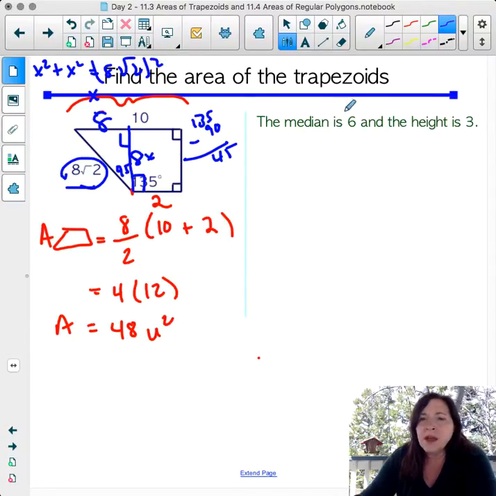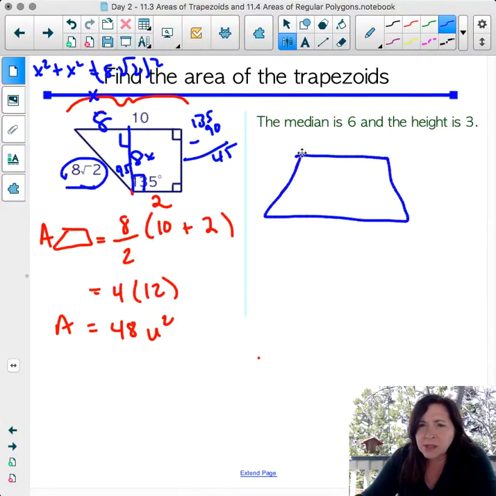Okay, cool. The median is 6. So this is a trapezoid, and the height is 3. So remember, the median is this line segment that connects the two midpoints, where that equals that and that equals that. The median is 6, and my height is perpendicular, and that whole length is 3.